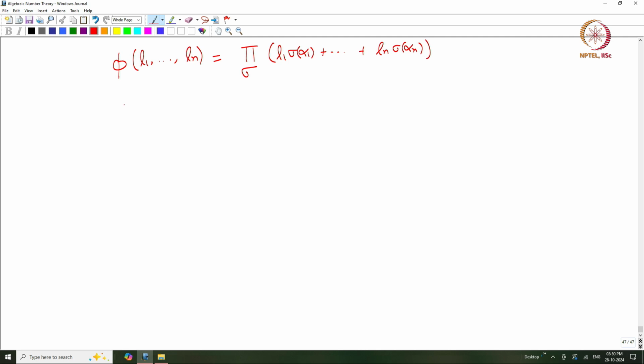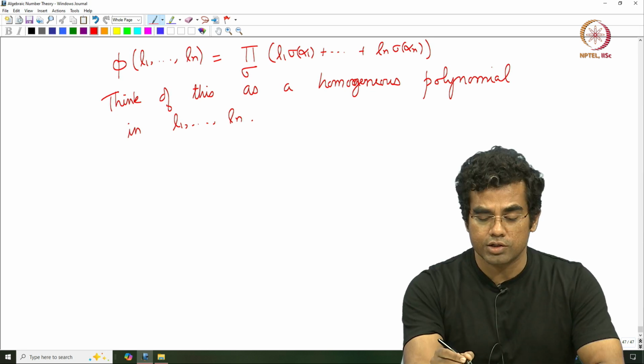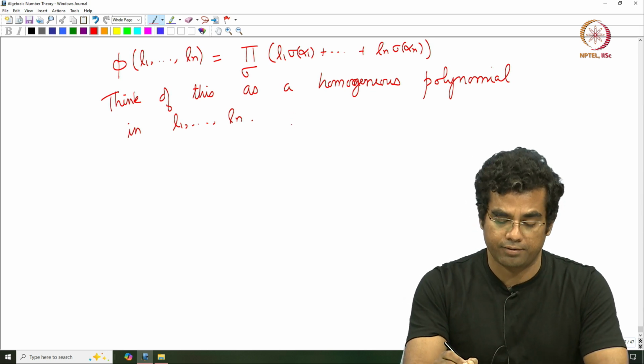Okay. So, think of this as a homogeneous polynomial in L1 up to Ln, okay, and coefficients which are linear combinations of products of these sigma alpha i's.